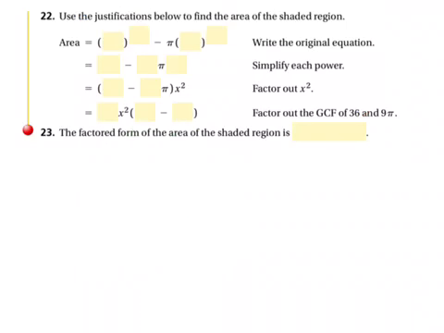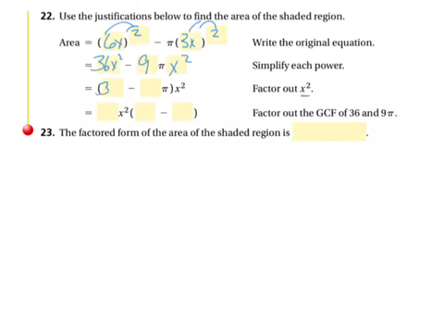In the previous slide, the original equation was 6x squared minus pi times 3x squared. So this was 36x squared minus 9 pi x squared. Because remember, you have to multiply everything inside when you multiply it. So my x squared can be factored out because it's in both cases. There's an x squared in this term and in this term, so it can be factored out.